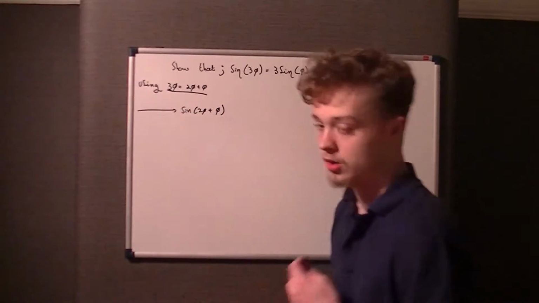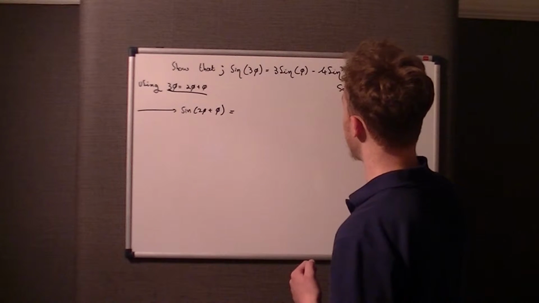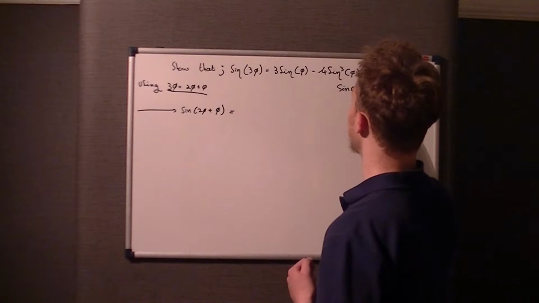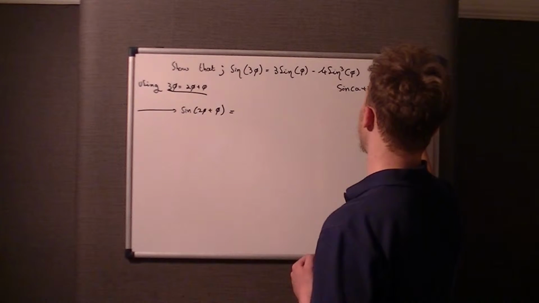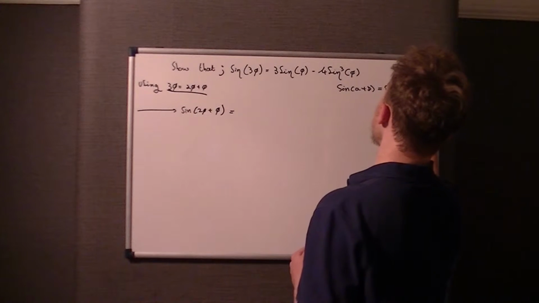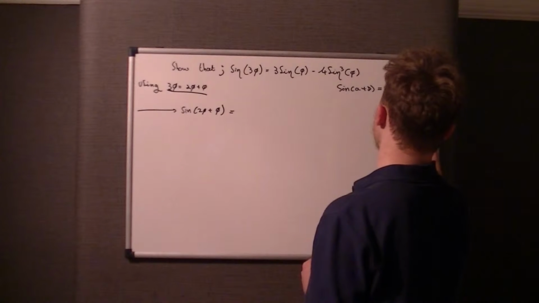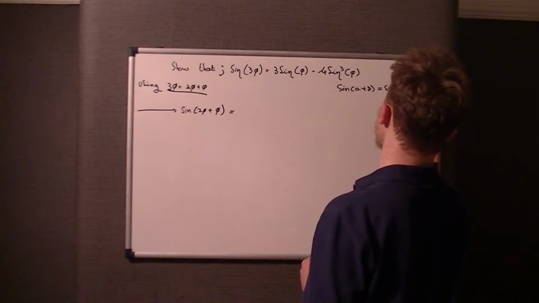So we know our addition rule for sine. If you're doing sine of a plus b, that is equal to sine a cos b plus sine b cos a.